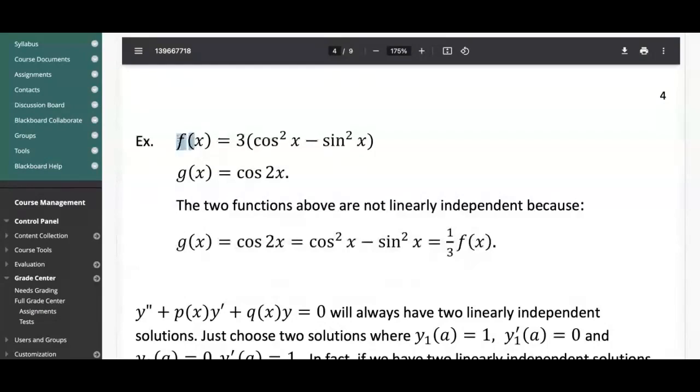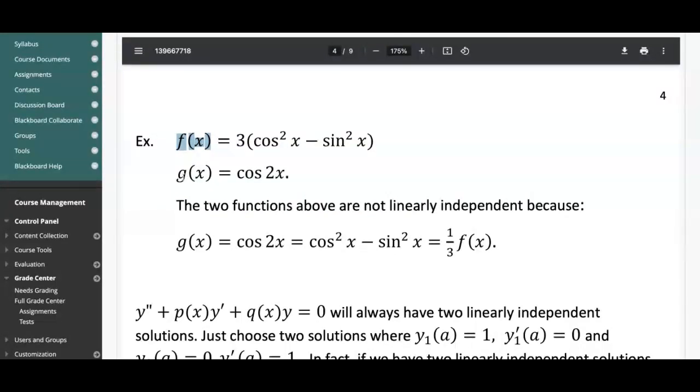Let's see an example. f of x equals cosine squared x minus sine squared x, which is just cosine of 2x, right? Cos squared minus sine squared of the same angle is just cos 2x. So we can write f of x equals 3g of x. So the two functions above are not linearly independent, or we say they are linearly dependent, which means we can write one in terms of the other.